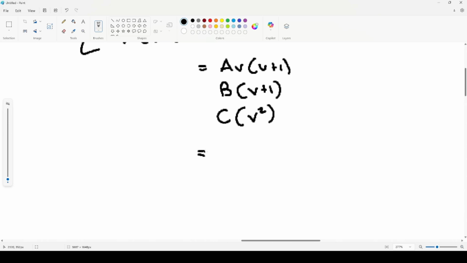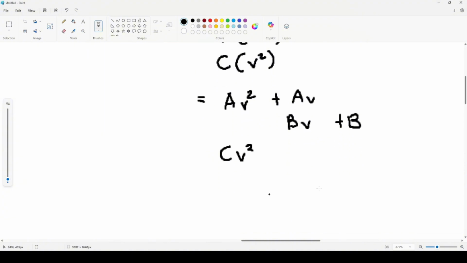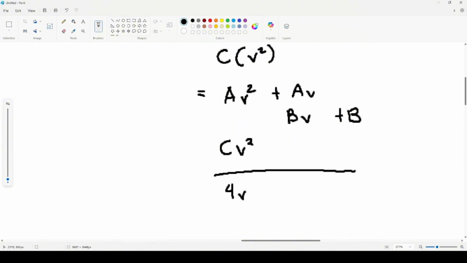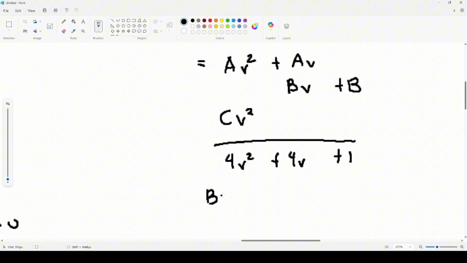And that will become Av squared plus Av, Bv plus B, Cv squared, which is equal to 4v squared plus 4v plus 1. Remember, equate like terms. B is equal to 1.